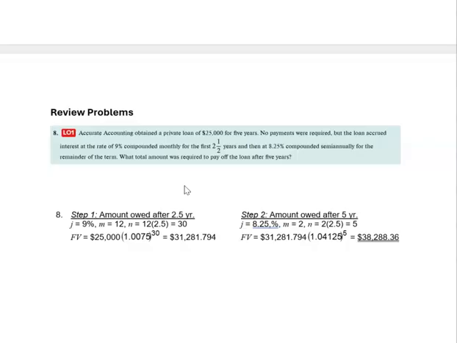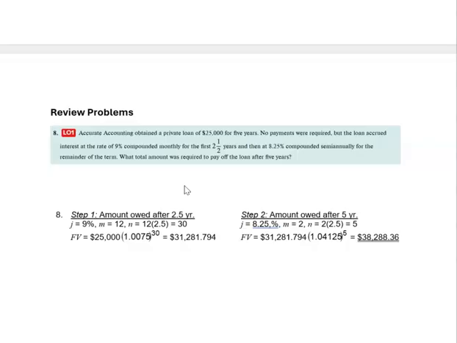So we know that our annual or nominal interest rate is 9%, compounded monthly, so there's our M, and for the first 2.5 years. So even though the loan is for 5 years, the situation changes after 2.5.